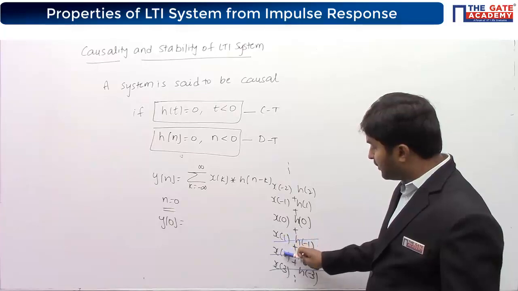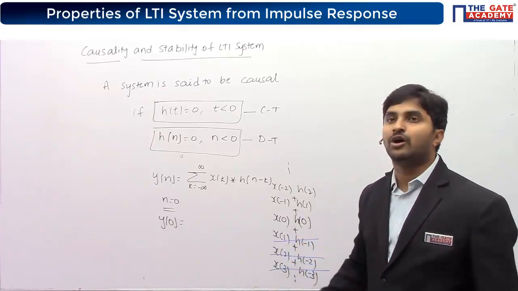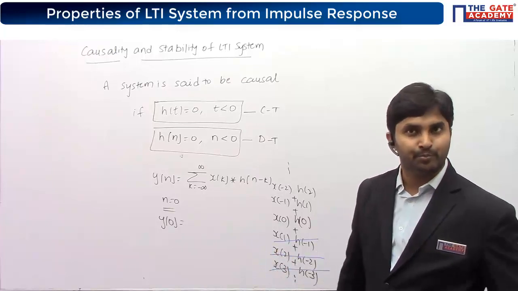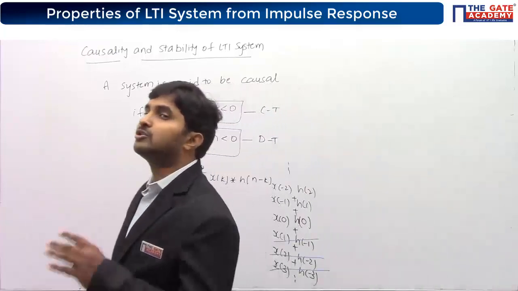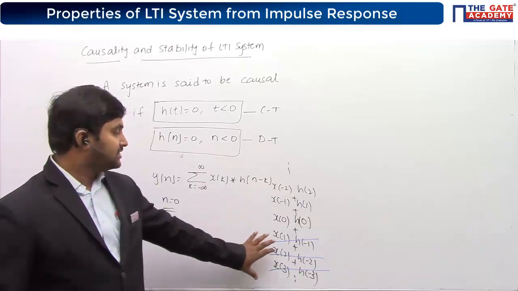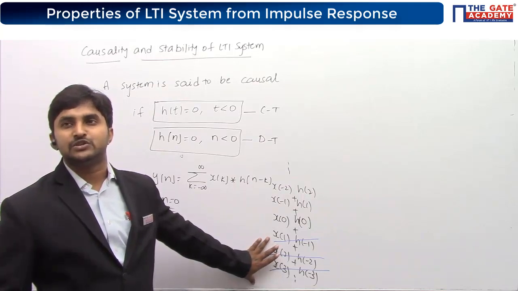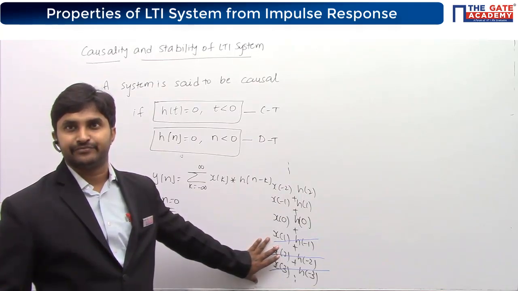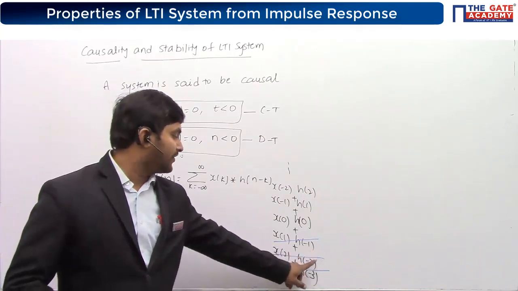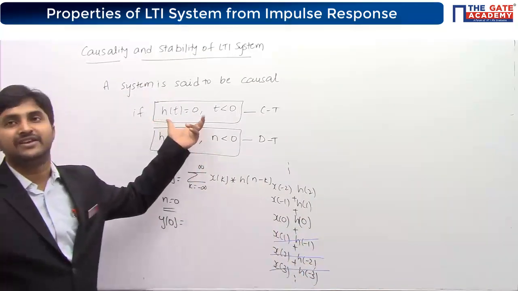So if it should not depend upon the future instants, h of minus 1, h of minus 2, h of minus 3, all these should be equal to 0. If you want to kill the dependency on the future instants, then the values of h of minus 1, h of minus 2, h of minus 3 should be 0.